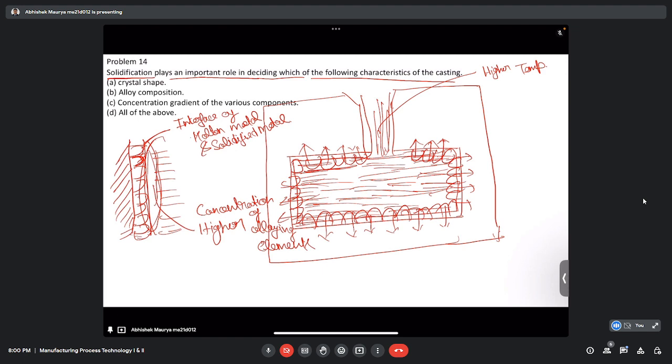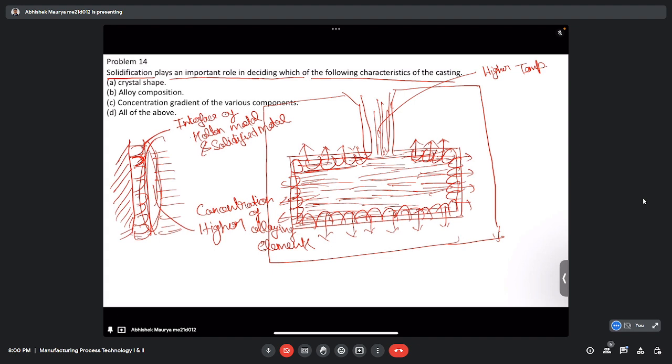To understand why it is happening, you can refer to the lecture of week 3. There, sir has explained nicely why in the regions nearby the solid-liquid interface there is a higher concentration of the alloying element in the molten material.